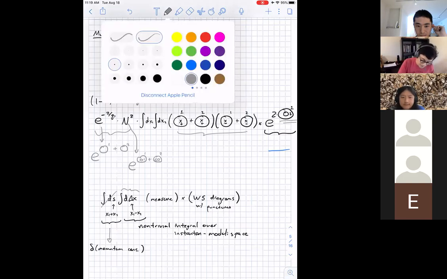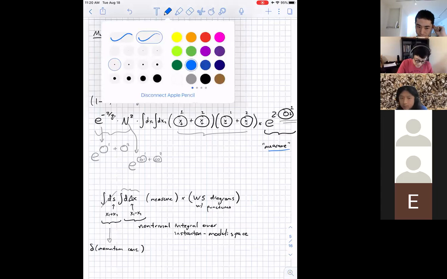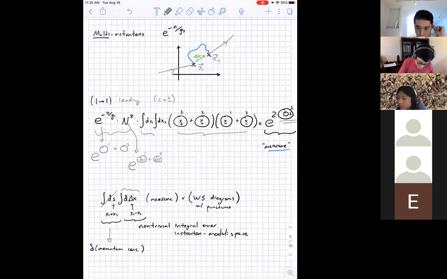Now this one actually depends on the distance between the instantons. So it's a non-trivial function. And we'll interpret it as the measure in instanton moduli space. So I like to think of this as the two instantons being connected by this cylinder diagram. And as we see, we have to integrate over the collective coordinates in the end.